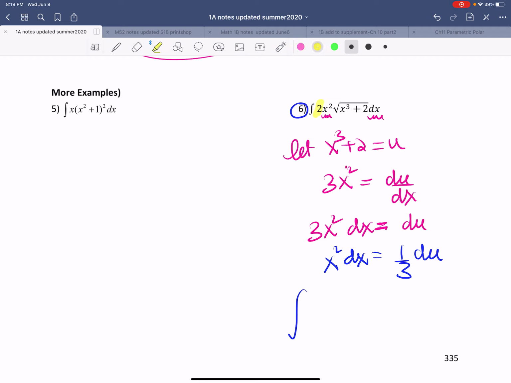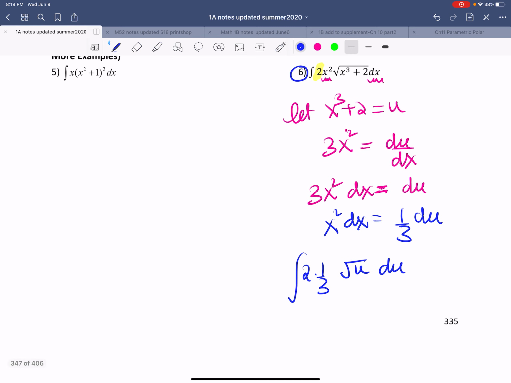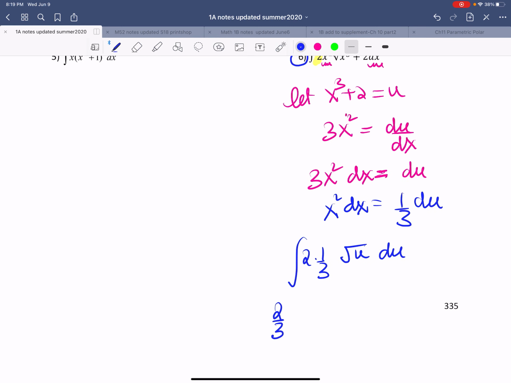I'm going to leave the 2 in the front, and 1/3, and we have du and square root of u. So 2/3 can come out in the front, and when I do the integral of square root of u, that would be u to the power 3/2 divided by 3/2, which is the same thing as multiplying by 2/3, because 1/2 plus 1 is 3 over 2.